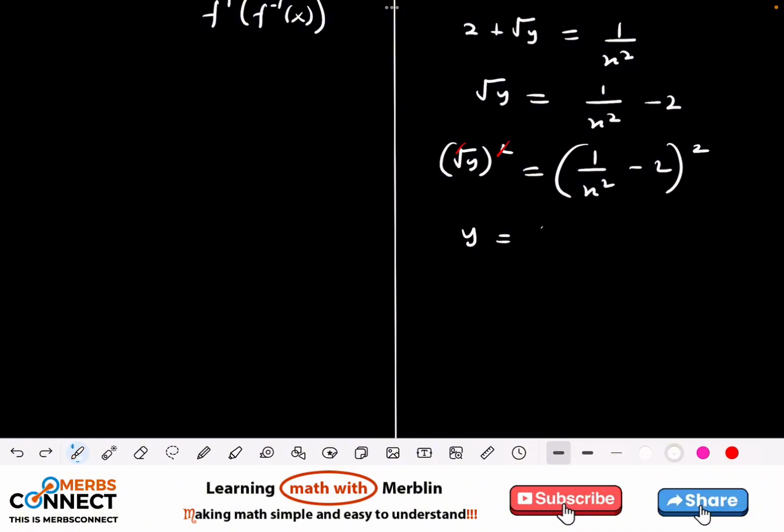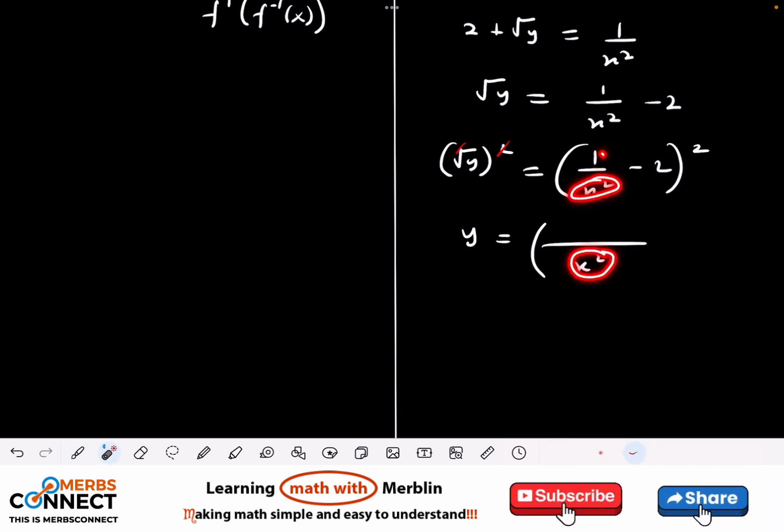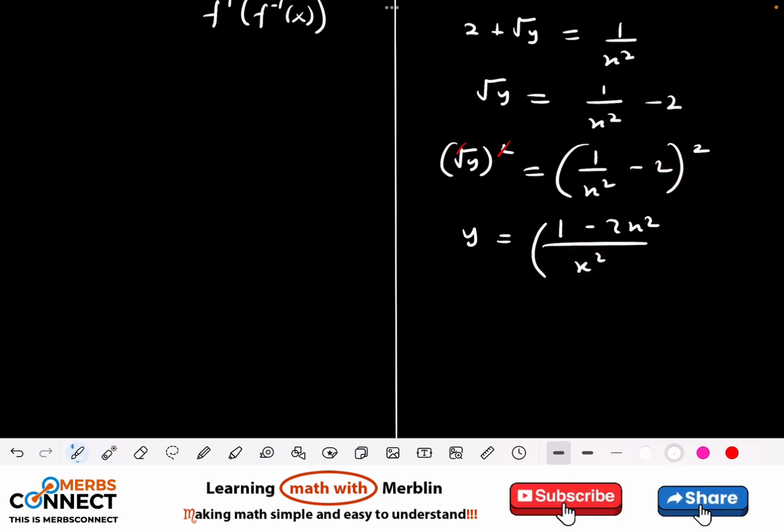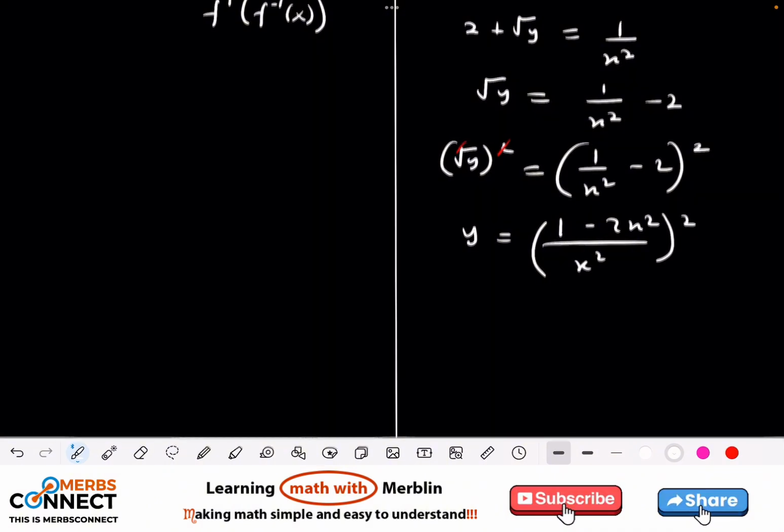So finding the LCM, x squared goes here 1. 1 times 1 is 1. This is like divided by 1, right? So 1 goes to x squared, x squared times this will give us negative 2x squared, all squared. So this is what you're going to have.